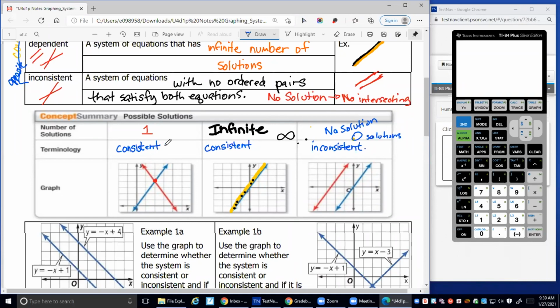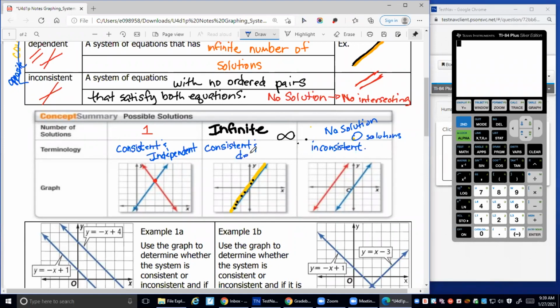So consistent and independent. This one is consistent, and let's see, is it independent? Yes or no? Good. It's not. It's actually dependent, right? Because it's got infinite solutions.